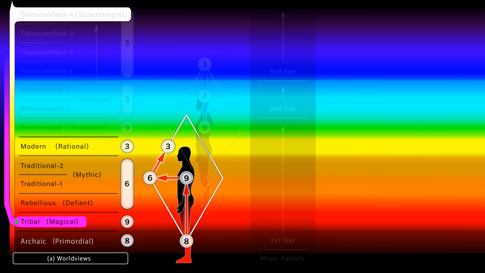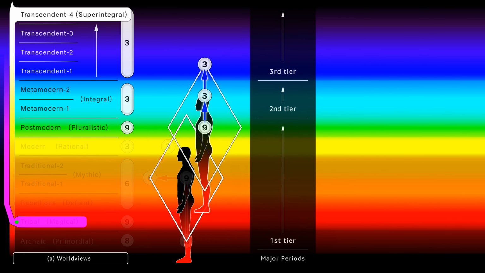Then, in the process from postmodern to metamodern, and to the transcendent level, the technology of nuclear fusion generators will be invented from the perspective of holy law and holy hope of Type 3. This is the process from Point 9 to Point 3. As already discussed, the process from Point 9 to Point 3 represents nuclear fusion.